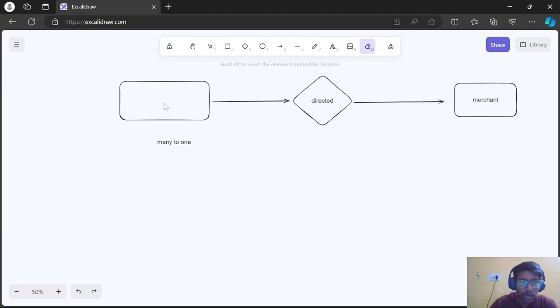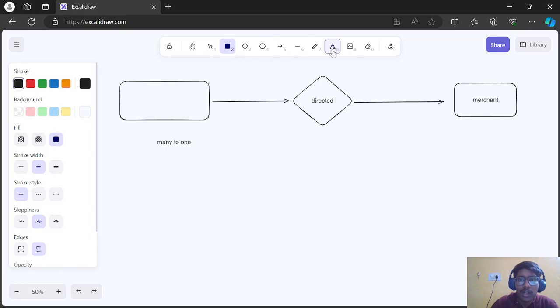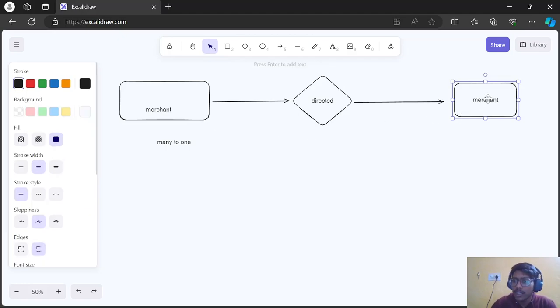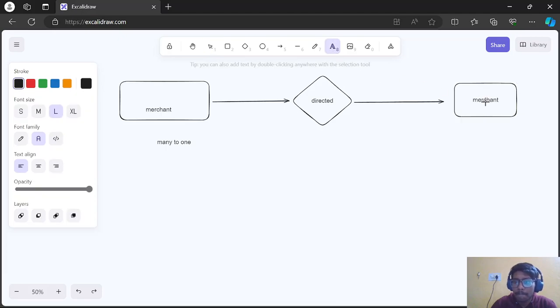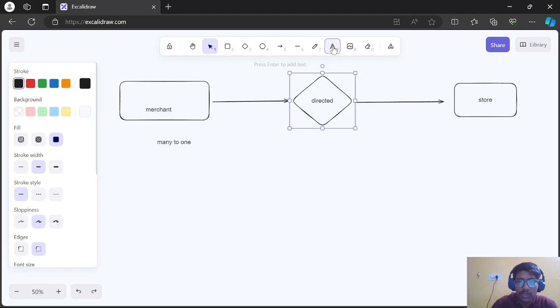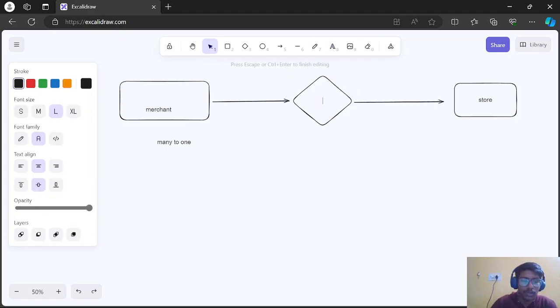So let's go with the next relation, that would be the merchant and the store. A merchant sells his goods somewhere, right? That is nothing but the store. So for that he maintains his store.